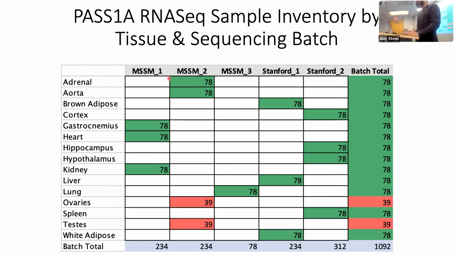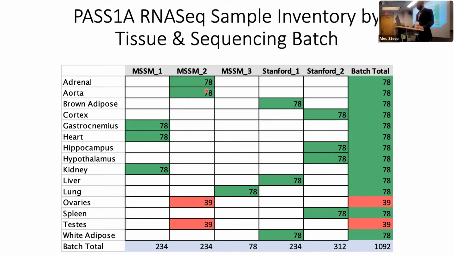In each of these tissue and batch specific cohorts, 78 samples were sequenced and processed at a time, with the exception of ovaries and testes, and that's because ovaries and testes are sex specific. So although we have 78 rats, given that we have 15 tissues in the RNA-seq, we end up with just shy of 1,100 samples.